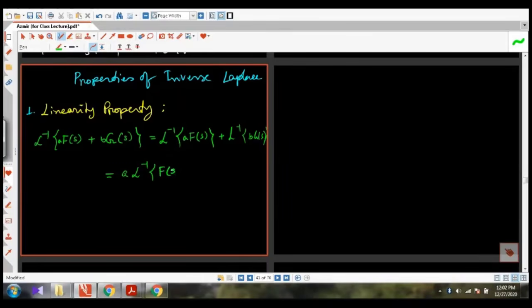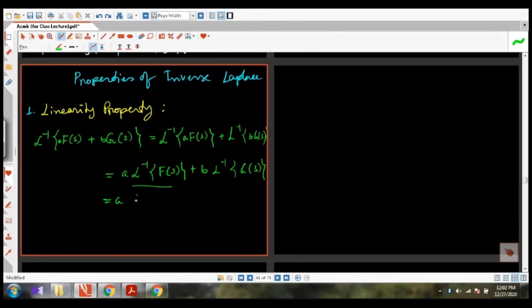b inverse Laplace of g of s. Now please try to tell me the final result. The inverse Laplace transformation of capital F of s, what will be the result here?